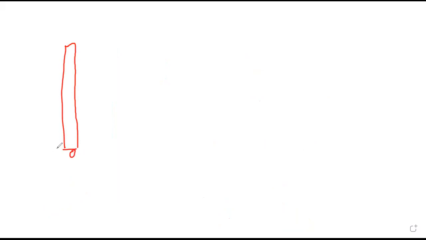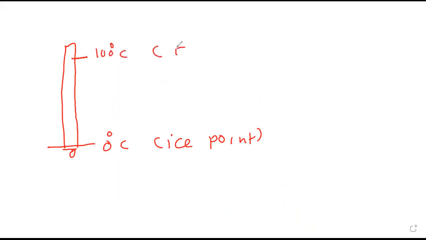The Celsius scale has its minimum mark as 0 degrees Celsius, called the ice point, and its maximum mark as 100 degrees Celsius, called the boiling point or steam point.